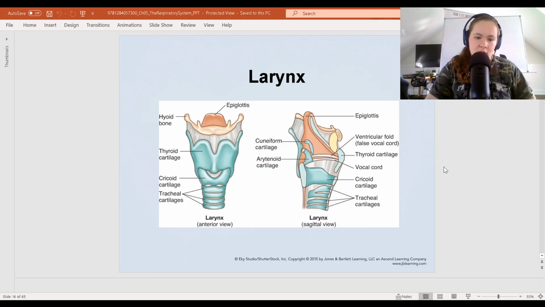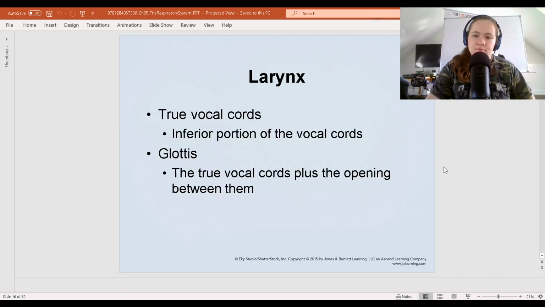Your thyroid cartilage, your cricoid cartilage, your tracheal cartilages. You've got your cuneiform cartilage, which is on the side. Ventricular fold, which is the false vocal cord. And once again, all the other different cartilage shown in that sagittal view.